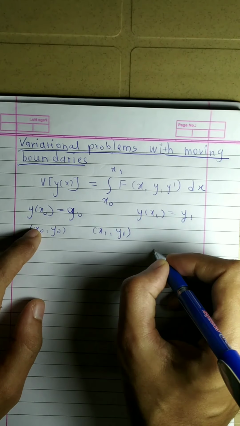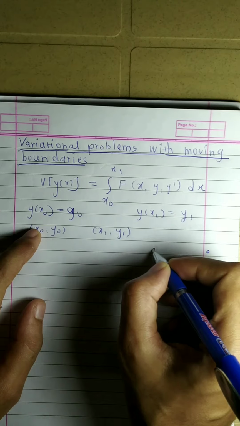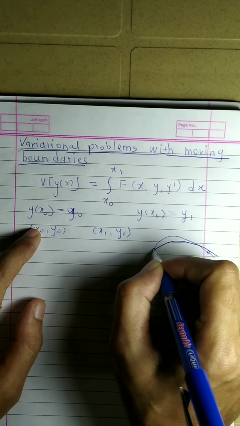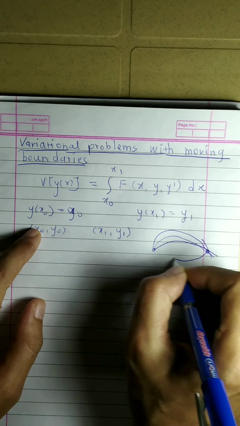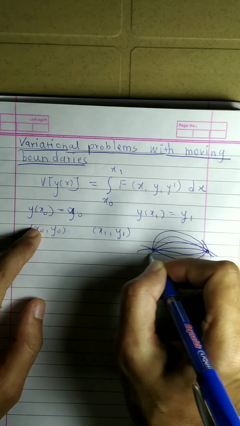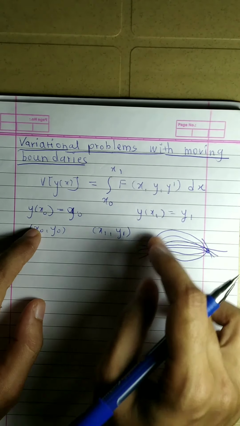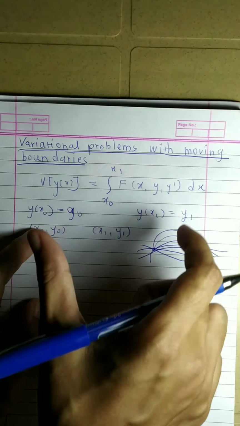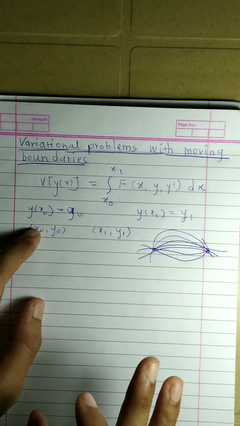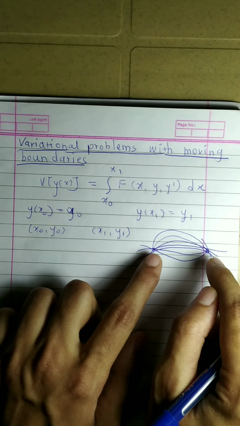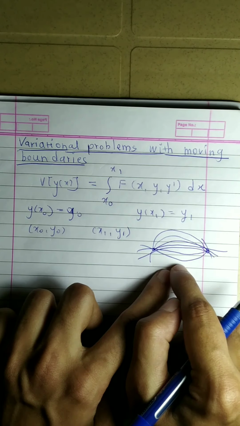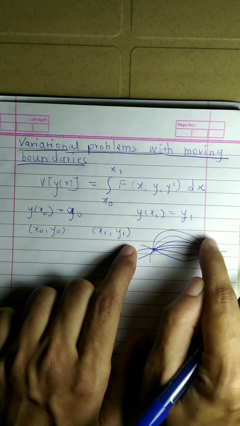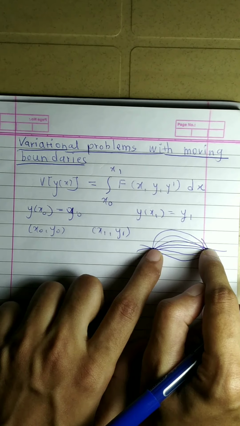We have 2 points which are fixed, and all the curves that are passing through these 2 fixed points were examined, and from among these curves, the one on which the extremum is attained was the curve that we wanted. So the main point here is the class of admissible curves was this: the 2 fixed points and all the curves passing through them.